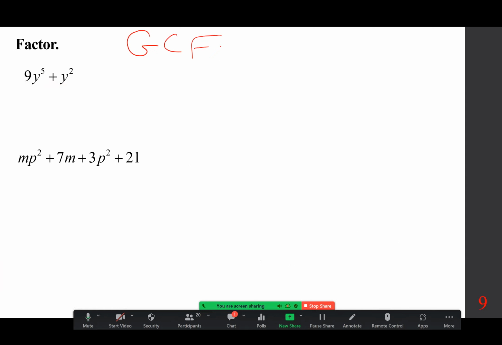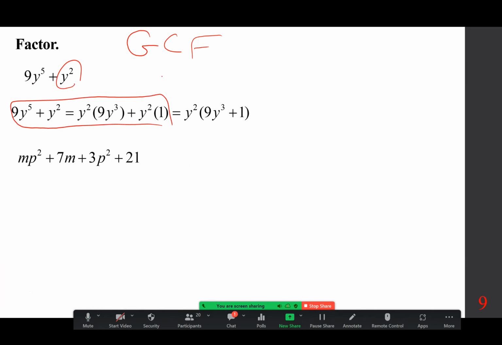As we can see, y squared is in common. We take it out. You don't have to show it like this; you can go right to the answer: y squared times 9y cubed plus 1. Needless to say, you should always look at the final result and see if there's anything else you can do.